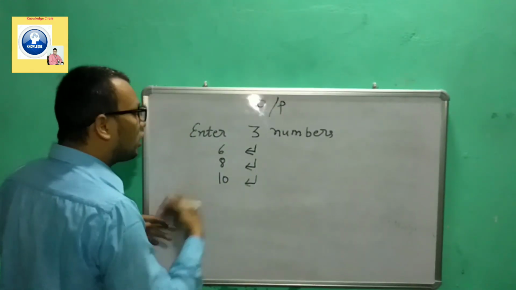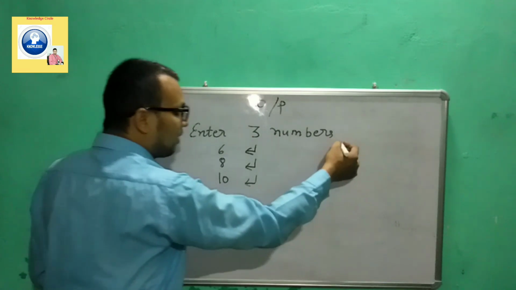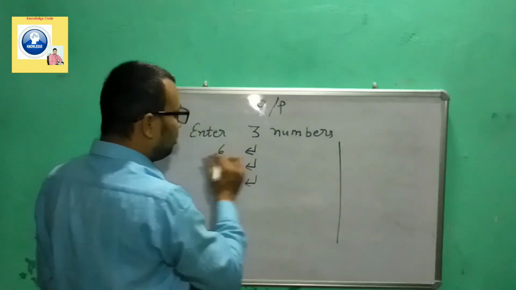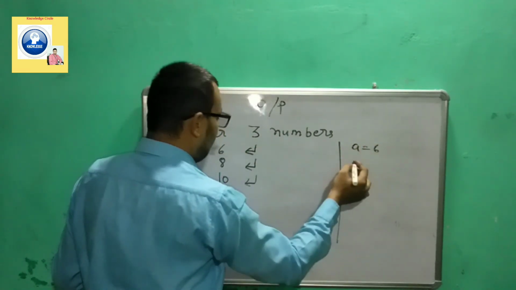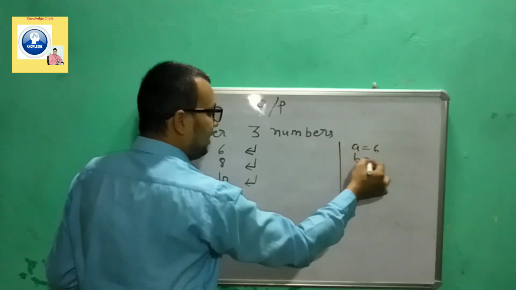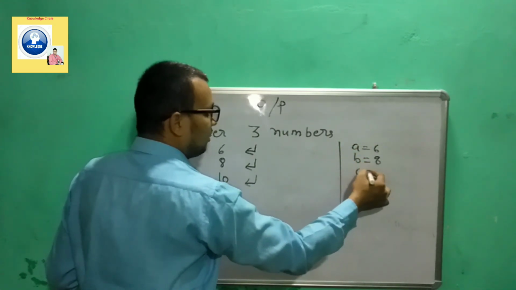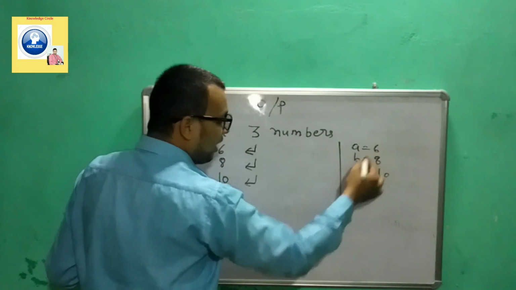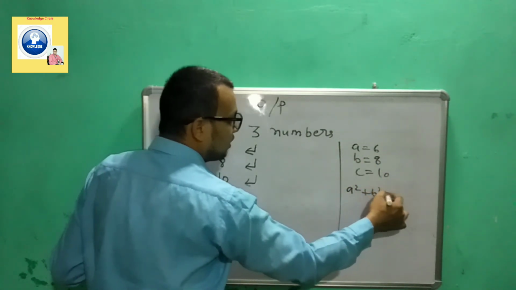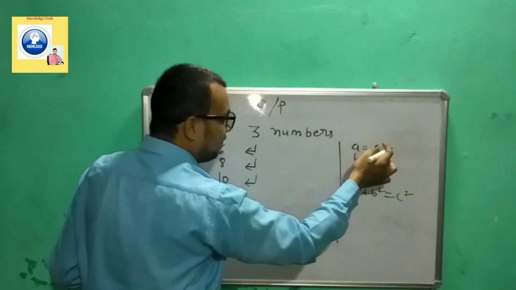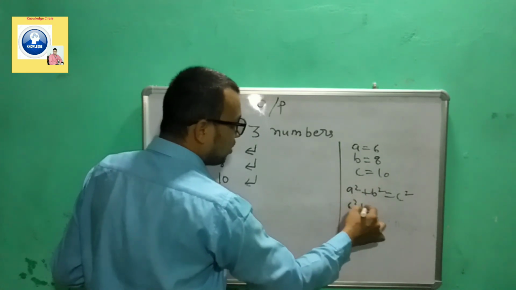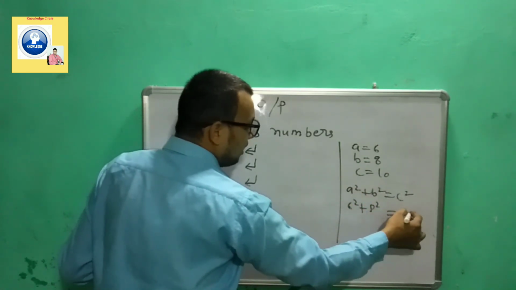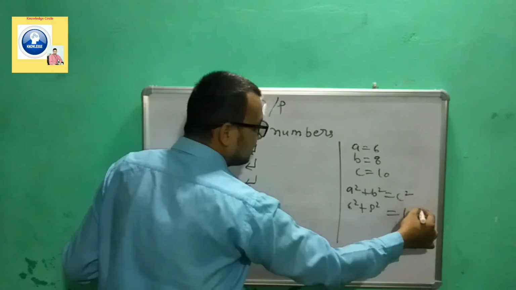Let's see what will happen in the background. What will the compiler do? 6 will be stored in a, 8 will be stored in b, and 10 will be stored in c. So we have to check whether a square plus b square is equal to c square. The value of a is 6, so it will be 6 square, plus 8 square, is equal to c, which is 10 square.